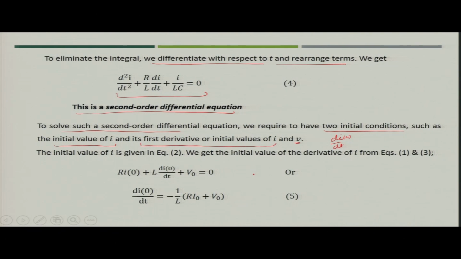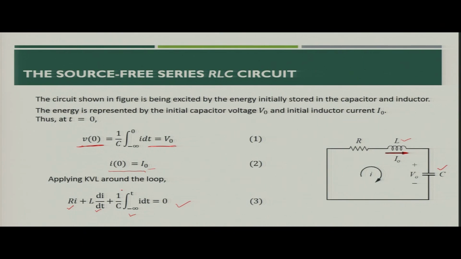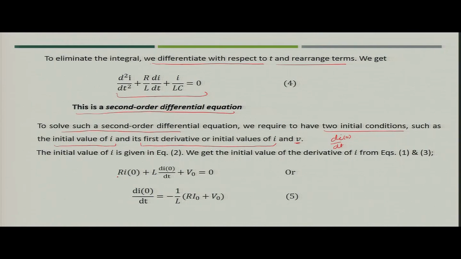So, if you see the previous equation, 1 upon C integral I dt at time t is equal to 0 is nothing but V naught. So, what you can write for this equation? You can simply write R into I at time t is equal to 0 plus L di by dt at time t is equal to 0 plus V naught is equal to 0.